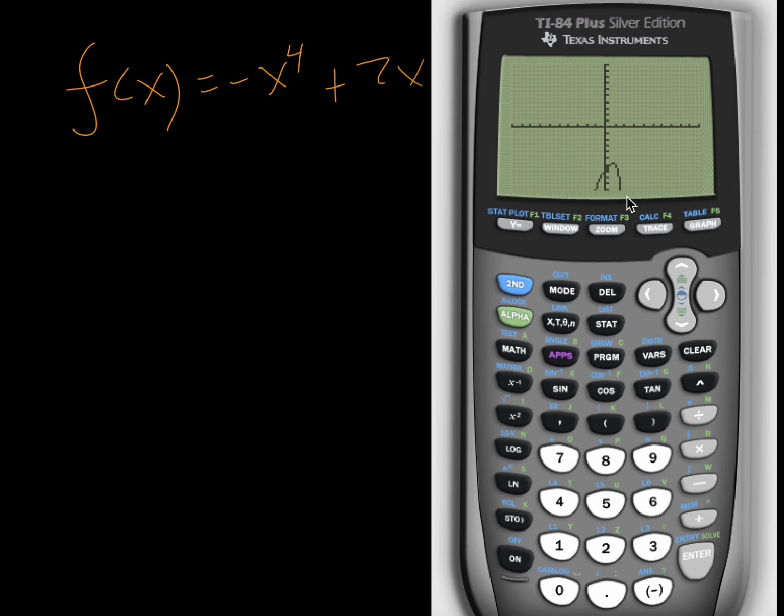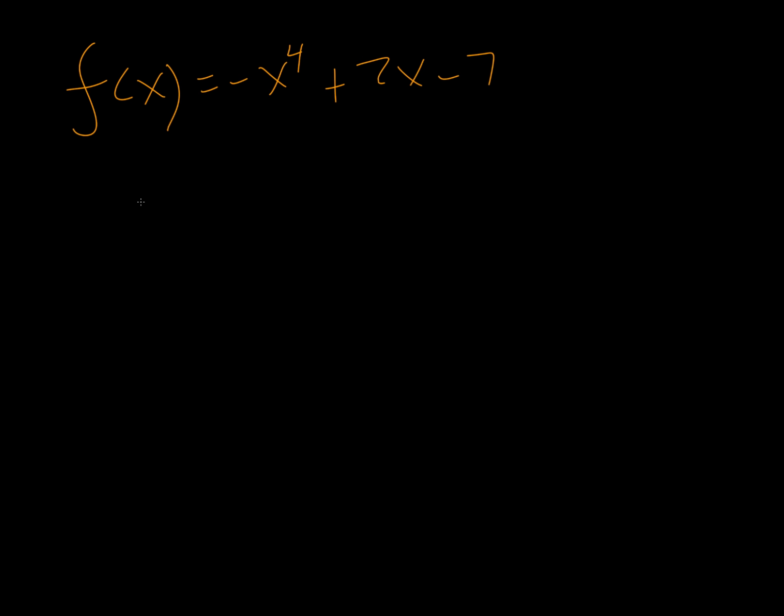And if you look in your book, you can see a drawing of this as well. Now, my guess is, if this is the whole function, which if you look at the book, it really is, then the domain, we already know it's all real numbers. So I'm just going to write that down. So the domain is contained in the set of all real numbers.